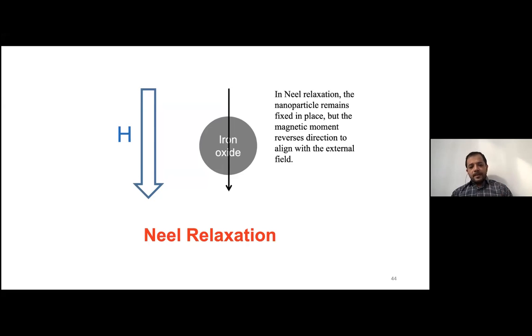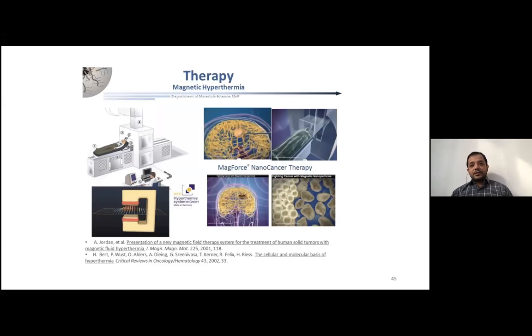Regardless of the mechanism, the material becomes heated, and this is fantastic, because if you have this material inside the body and the body goes under the alternating magnetic field, then you can increase its temperature remotely, and that increased temperature can affect the area that you're working on, whether it's a tumor or a malignancy that you're trying to intervene.